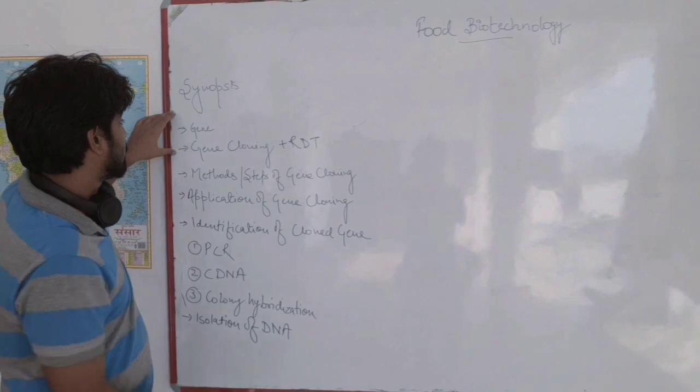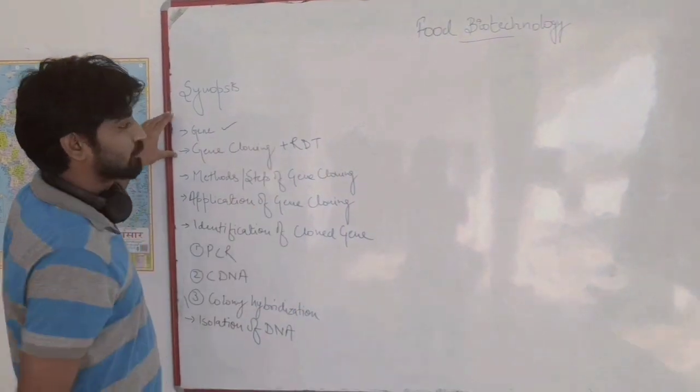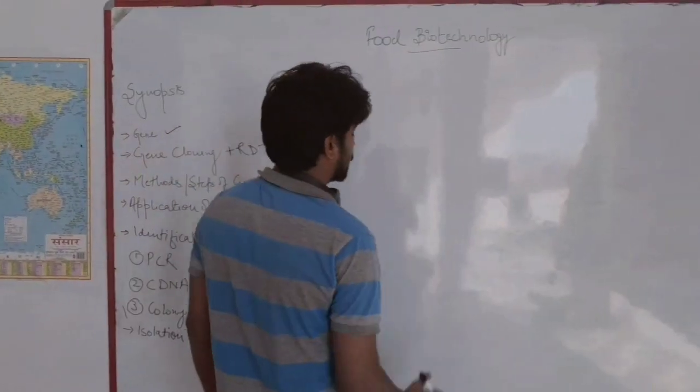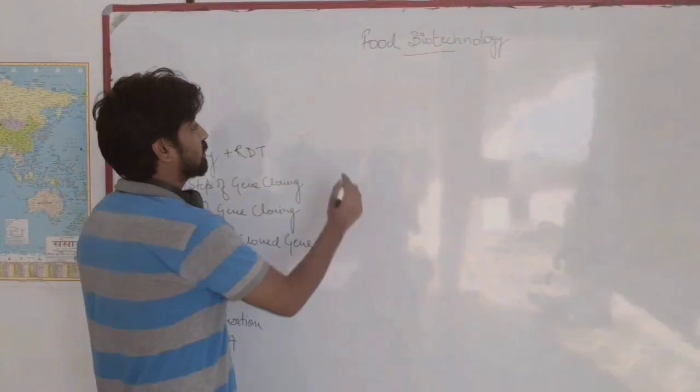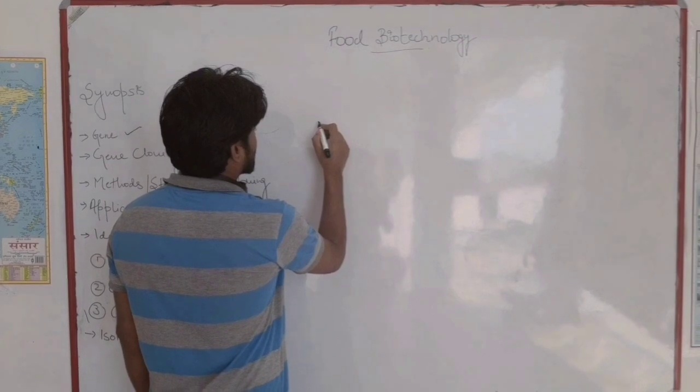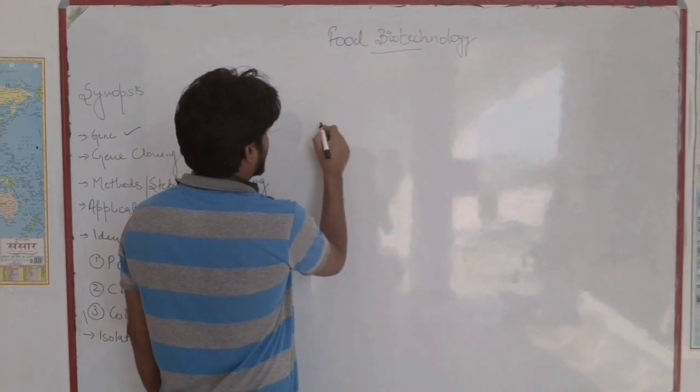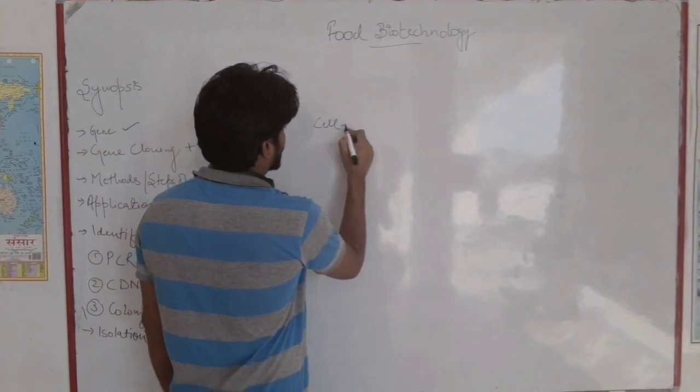So we'll start with the first topic, that is, what is a gene. We are dealing with food biotechnology, so we will not get into the details of everything. You are well aware that our whole body is composed of cells.